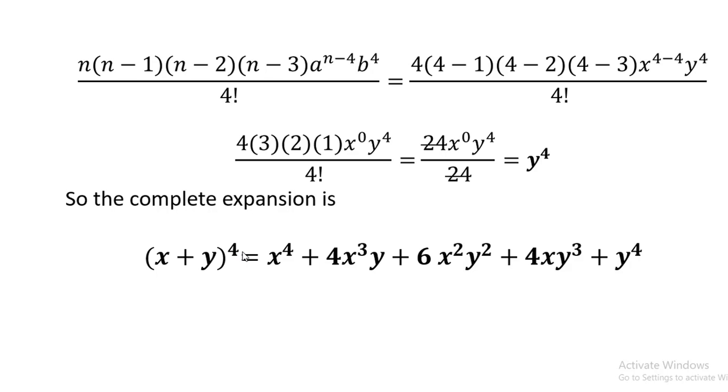Out here it's y power 0, that is 1, so I haven't written y power 0. See, x power 4, 3, 2, 1, 0, y power 0, 1, 2, 3, 4. So we started with x4 and we ended up at y4.